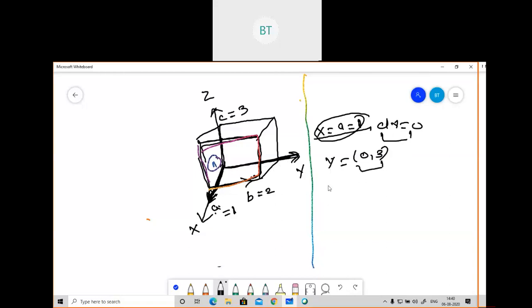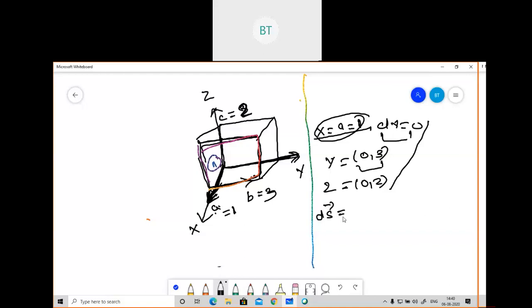For the value of z, its value is 3, its value was 2. z will vary from 0 to 2. So if you write these coordinates, you can solve the problem very easily. And what is the direction? Direction will be in the x direction. So since it is an x direction, how to find the surface integration?